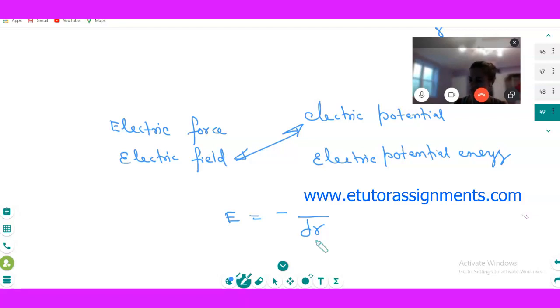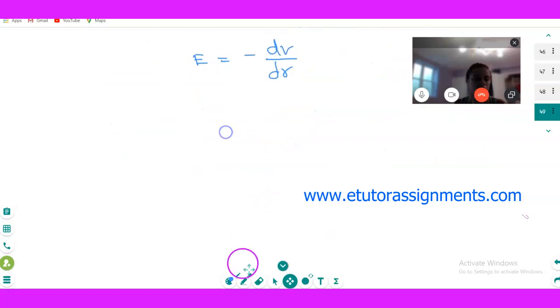There are three things I will explain: line charge distribution, surface charge distribution, and volume charge. Then I will go to the course. Very simple things, we just have to apply our mind.